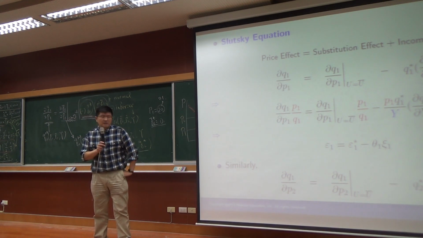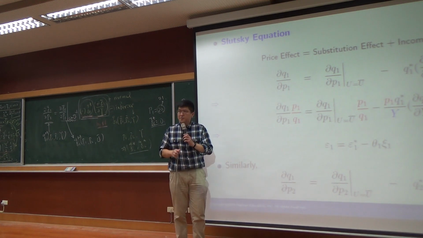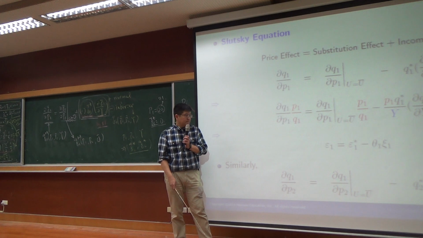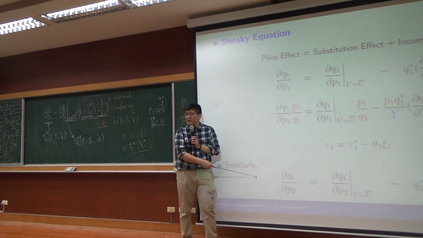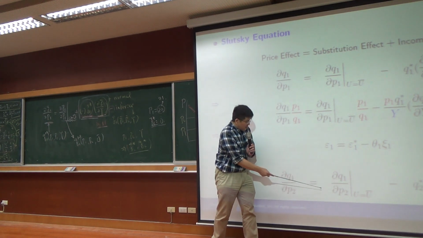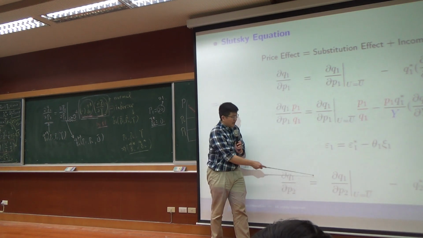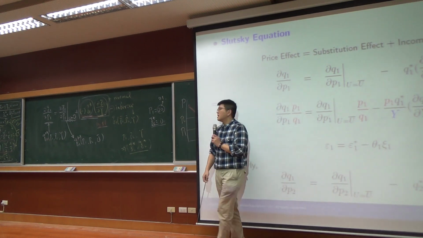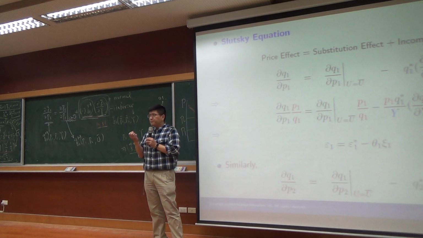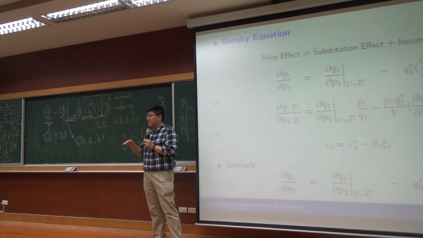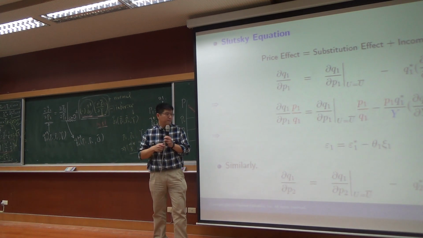So another thing becomes more expensive, and what about Q1? This is the price effect, and the substitution effect again looks very similar, actually the same, but with the condition of requiring the consumer to stay on the same indifference curve.